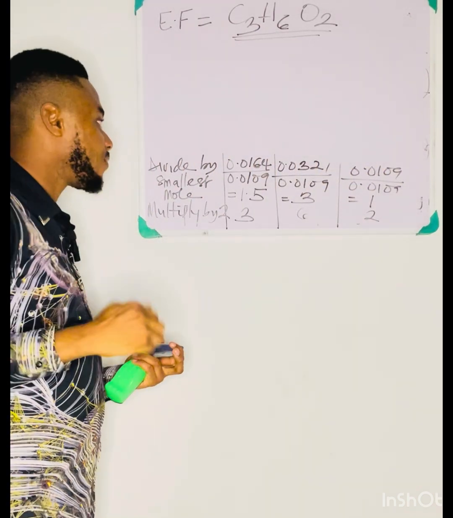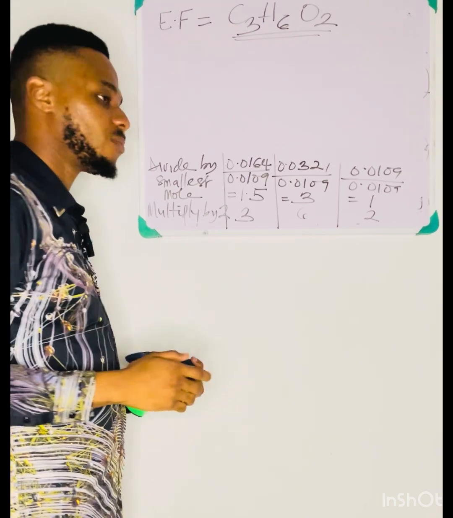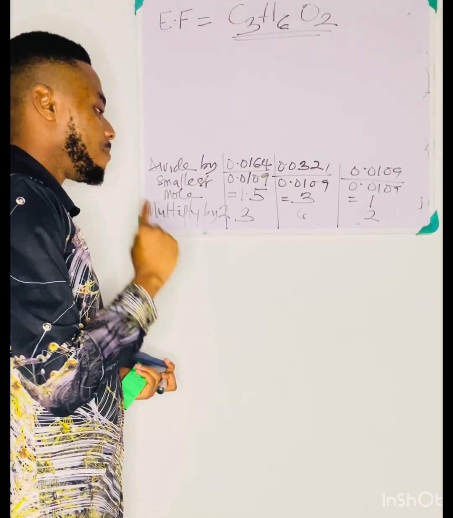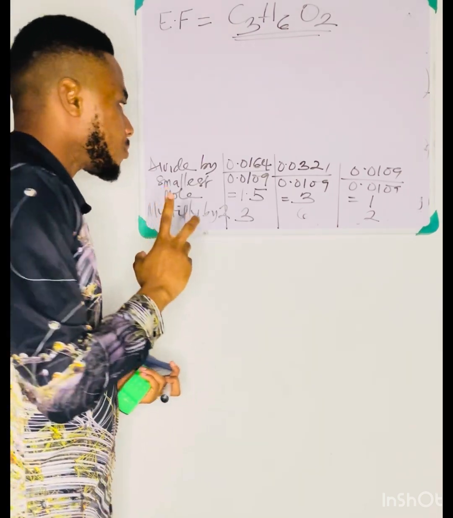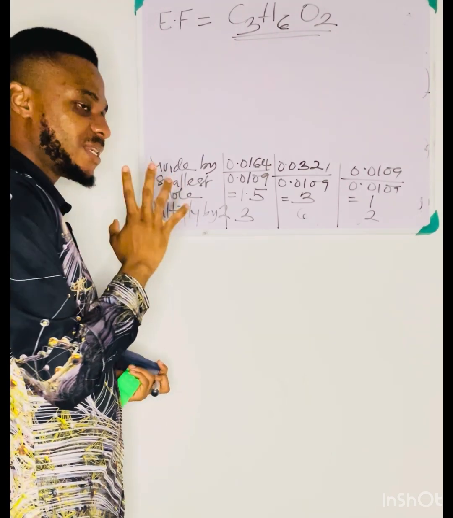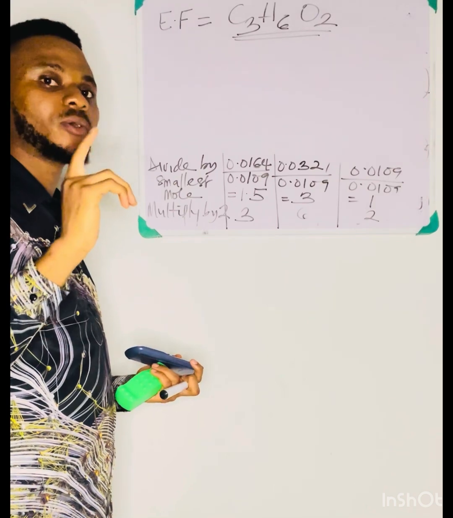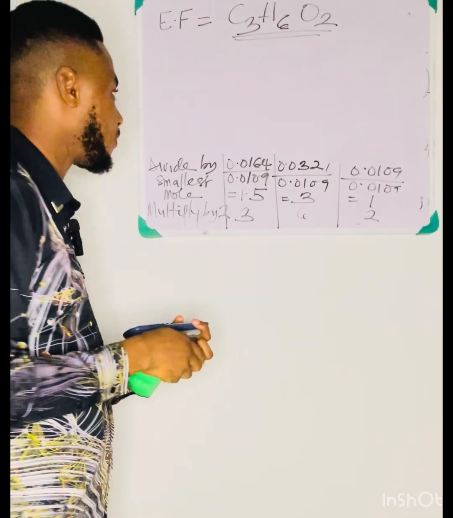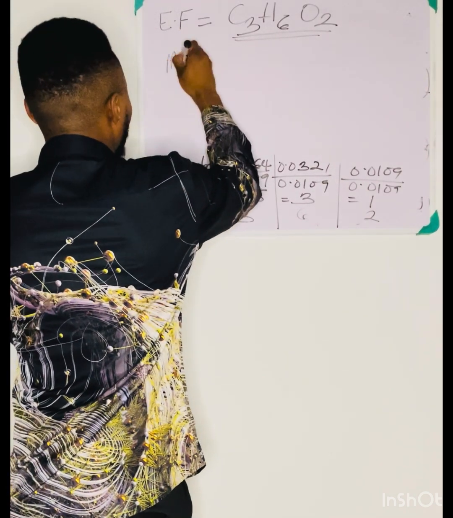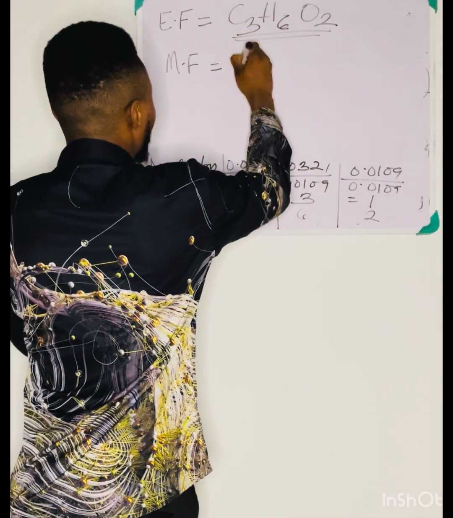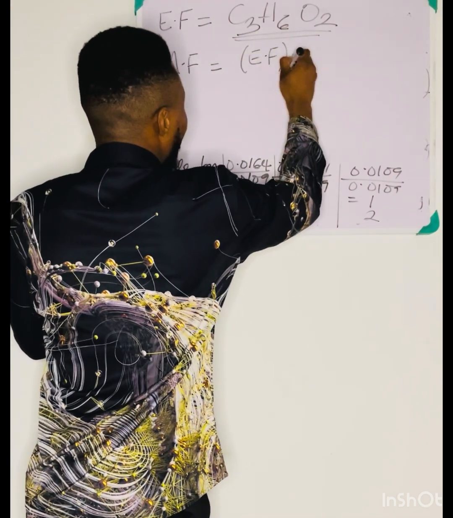A molecular formula can be gotten by determining the ratio of the relative molecular mass and the formula mass. Let me give you the formula. Molecular formula is equal to empirical formula times n.